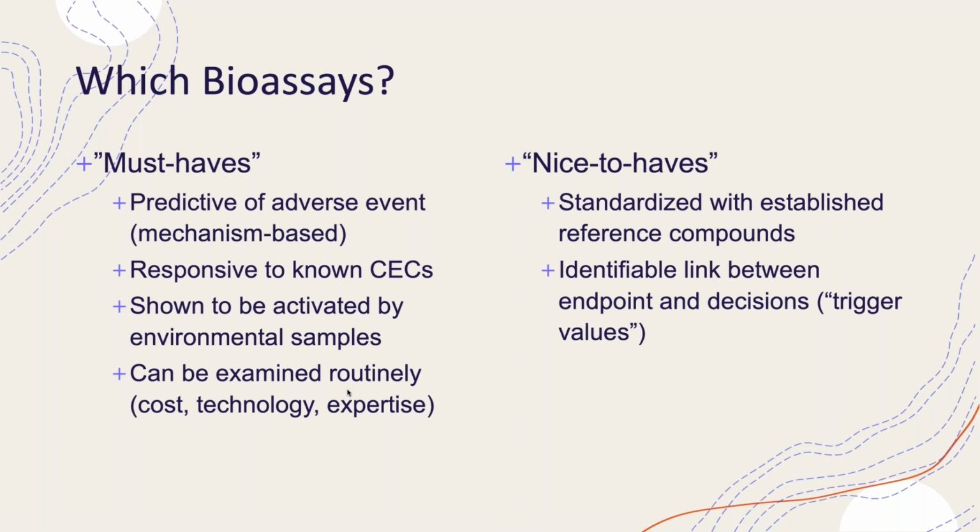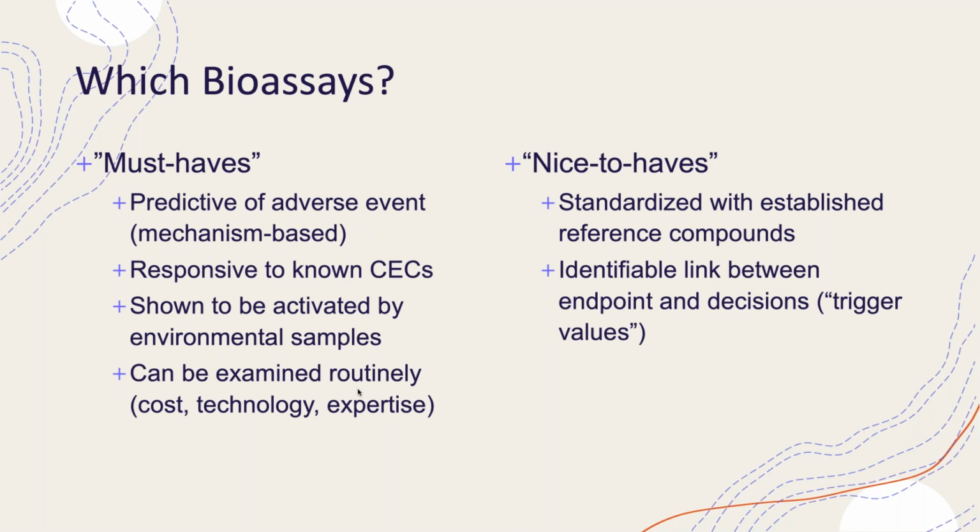And is this something that we can routinely add into water quality studies? And this would include issues such as cost, how much technology and resources are necessary, what expertise is necessary to address this. So what we're looking for is low cost, easily addressable technology with easily accessible expertise.